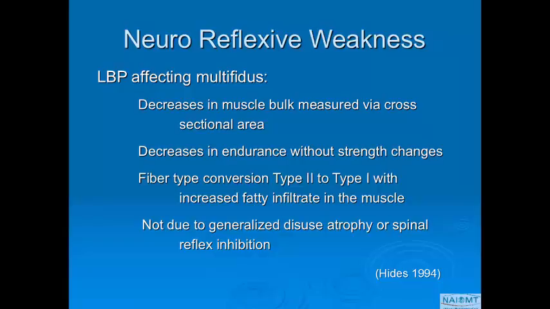They saw fiber type changes from type 2 to type 1, along with an increased fibrofatty infiltrate within the muscle. There were noted decreases in endurance without significant strength changes, and they deemed that these changes were not due to disuse atrophy or spinal reflex inhibition.